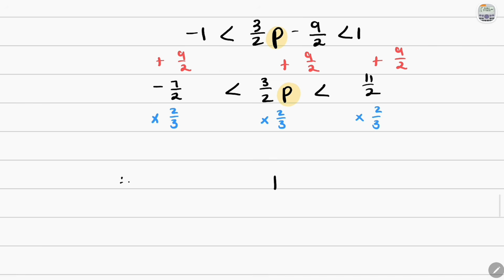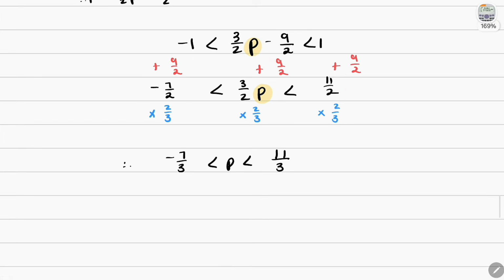Therefore p is greater than negative 7 over 2 times 2 over 3; the 2's cancel diagonally and you're left with negative 7 over 3. And p is less than 11 over 2 times 2 over 3; those cancel and you're left with 11 over 3. And that is our answer.